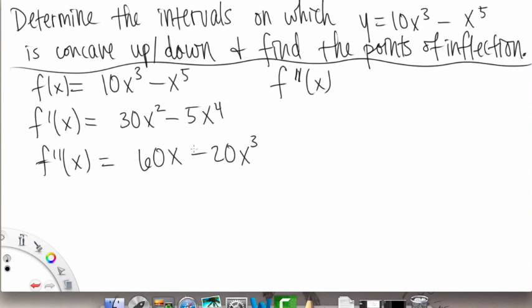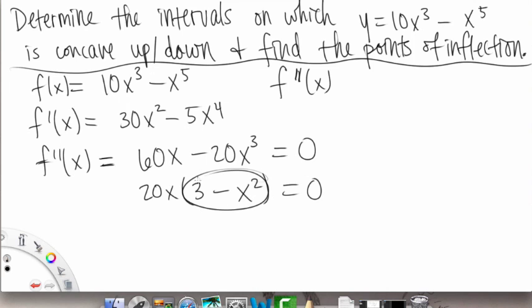Our goal here is to find the critical points in a sense, so where f double prime, our second derivative, is equal to 0. We can factor out a 20x, so we get 20x times 3 minus x squared equals 0.